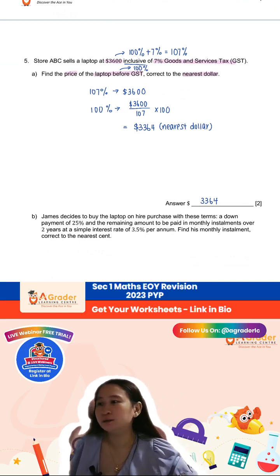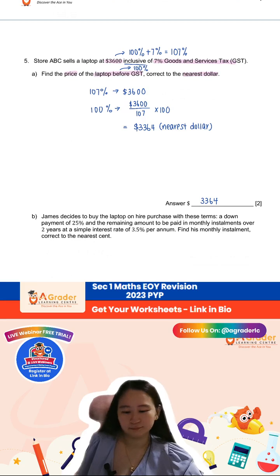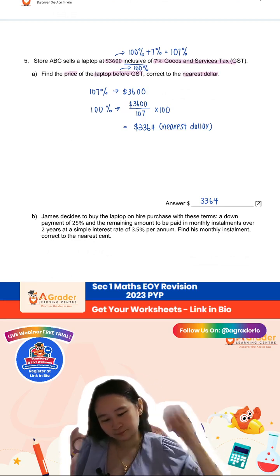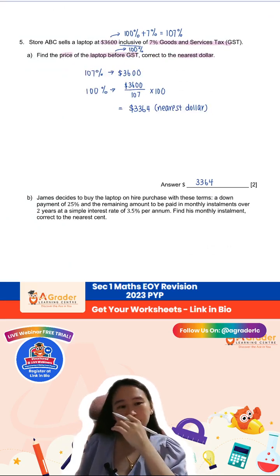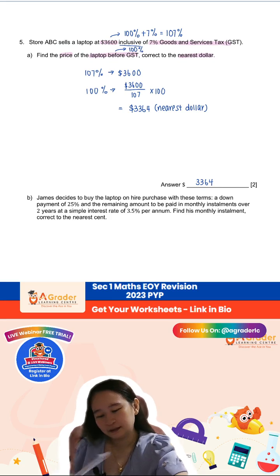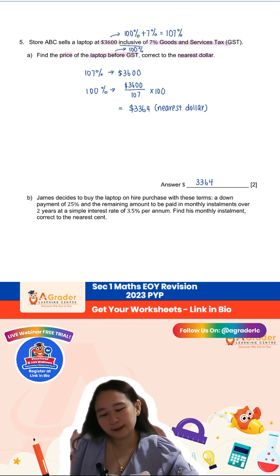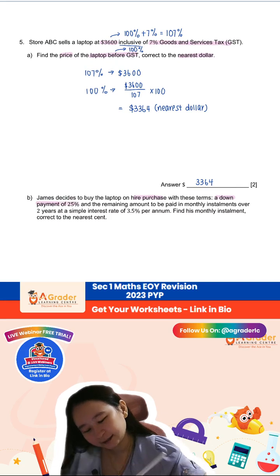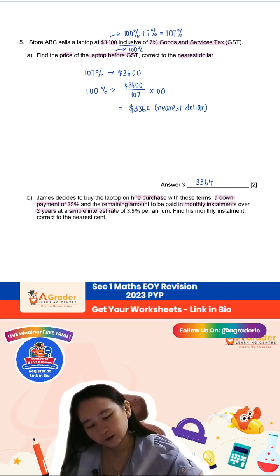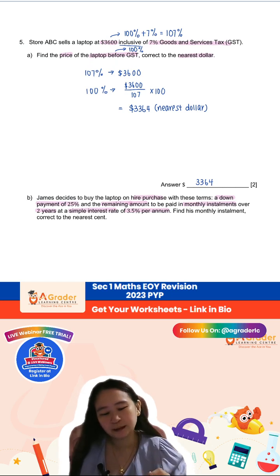Sorry, which number? This is related to question 5. So James decided to buy the laptop on hire purchase with these terms: a down payment of 25%, and then the remaining amount to be paid in monthly installments over 2 years at a simple interest rate of 3.5% per annum.